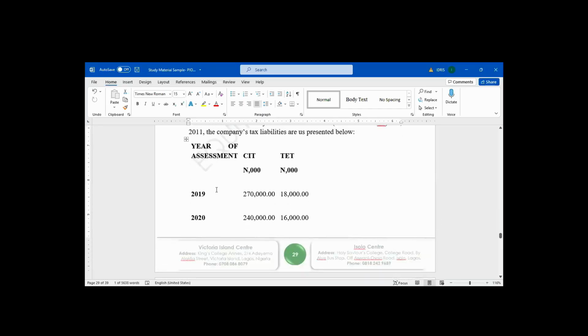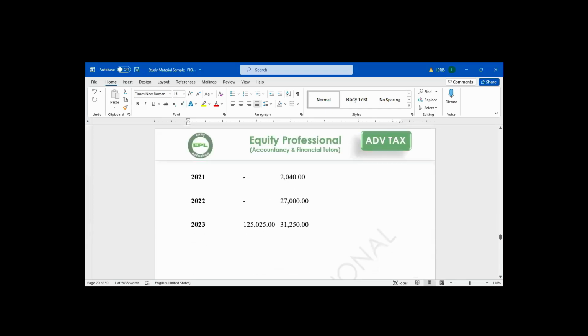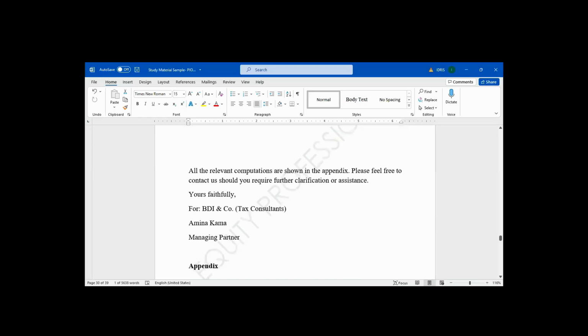Look at my summary. I said 2019, which is the pioneer period. The company paid company income tax of 270 million and education tax of 18 million. 2020 year of assessment, they also pay 240,000 and 16 million. I did the summary of all the tax the company paid, and you close your report.